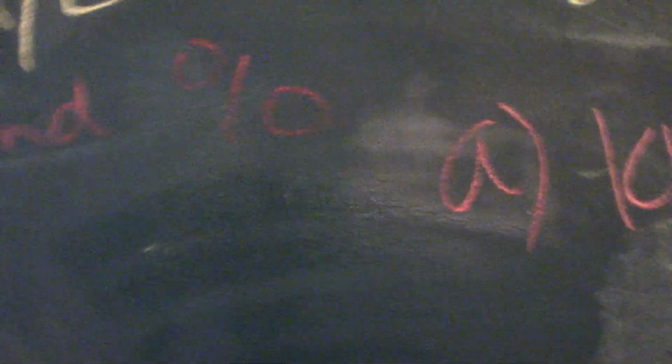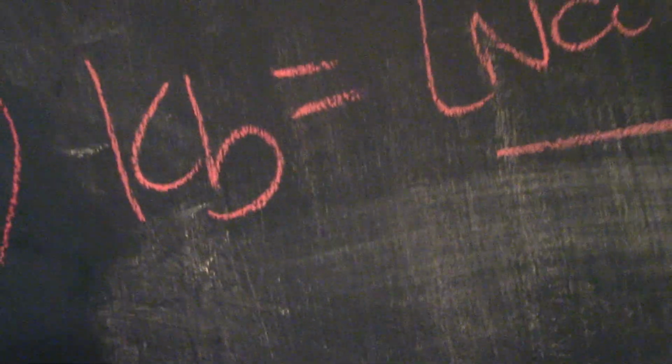So Kb is going to equal the concentration of HNO2 times hydroxide over NO2 negative, which are the products over the reactant.